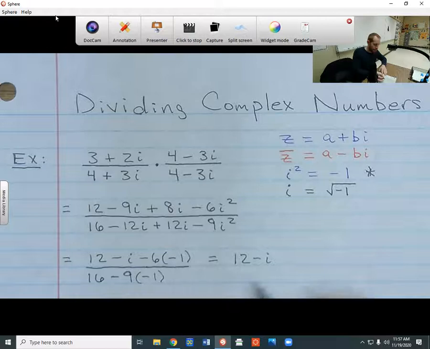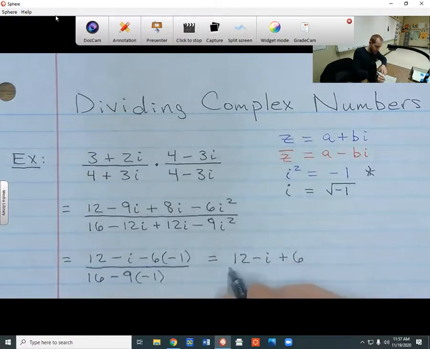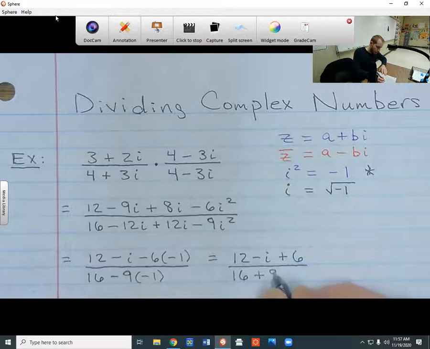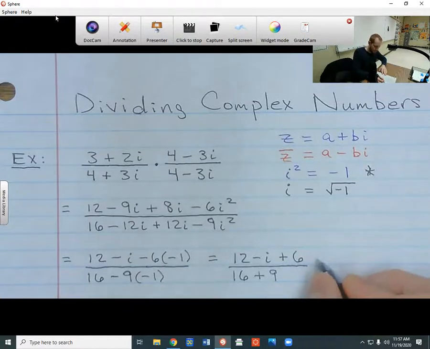Now looking at the bottom, I have 16, and I bring that 16 over, and I also have negative 9 times negative 1, which is going to give me a positive 9. Now the real numbers can be added together.